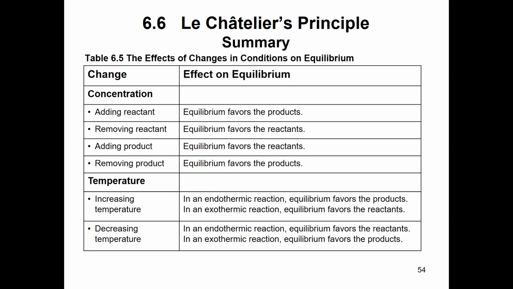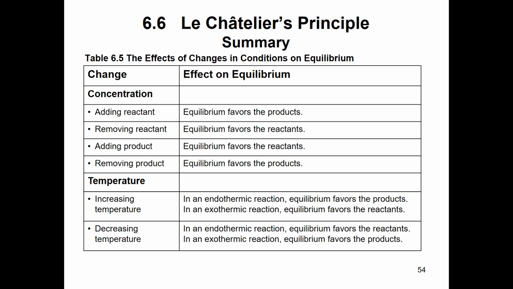So, for example, if you're adding a reactant to an equilibrium, this will make the equilibrium try to consume the reactant because you're adding more. So the equilibrium, to counteract that addition of reactant, will try to consume it. And so it will favor the product.